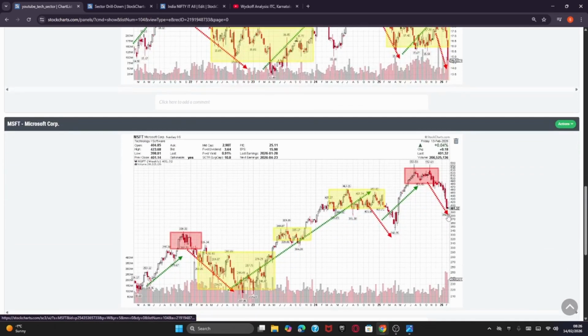Similarly, for Microsoft, after the distribution it has reached a markdown, where it has to go through further stopping of the trend, building a cause, and then a test. That will take several weeks and months before the stock really tries to push in the upward direction.